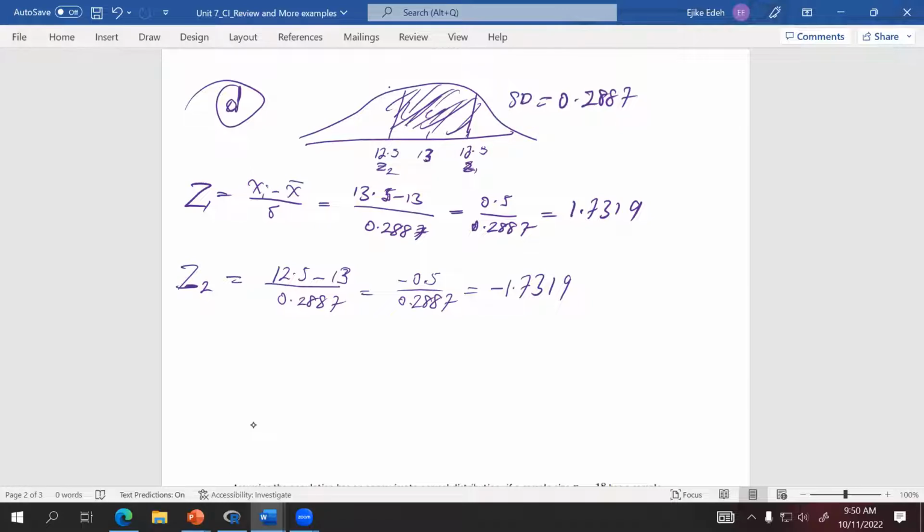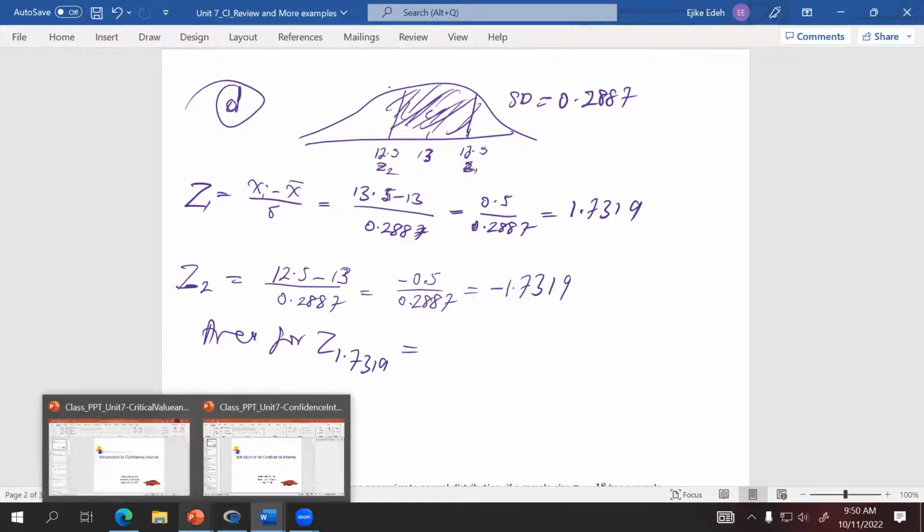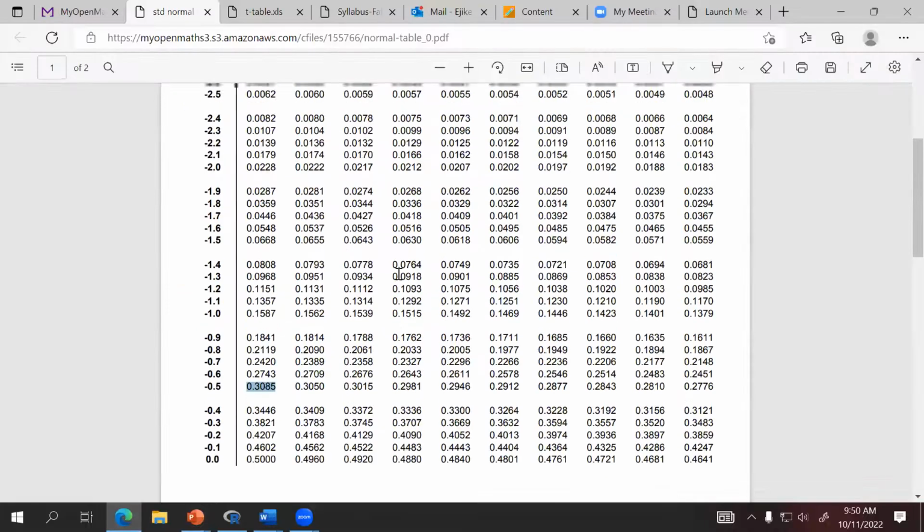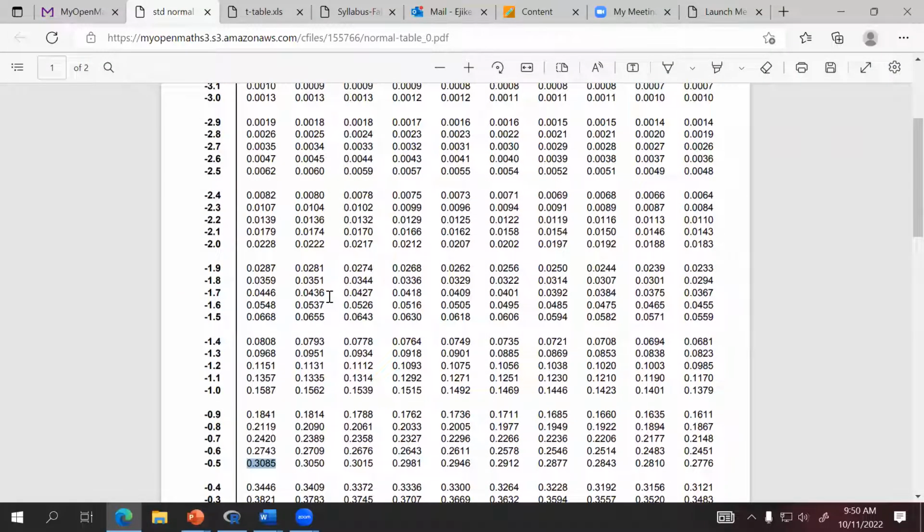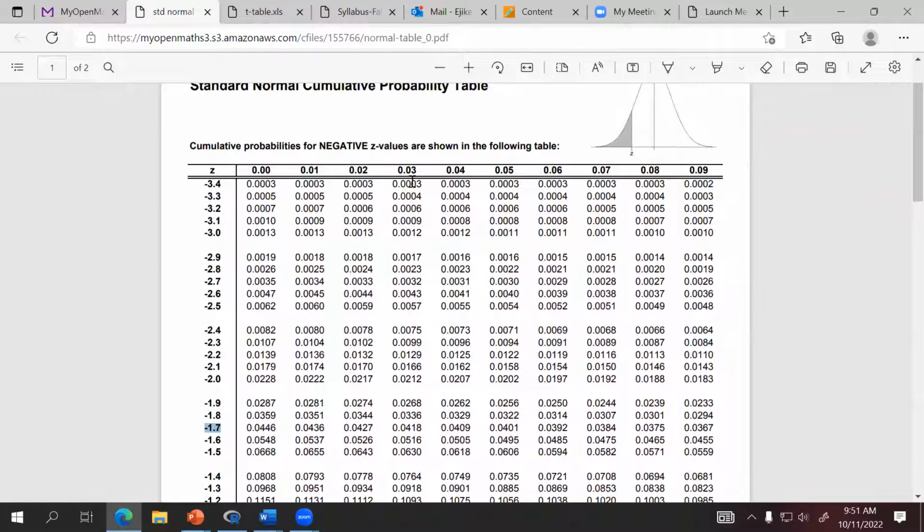The area for Z of 1.7319: we are looking for 1.73, the most we could go. So this is 1.7, and we go underneath 0.3 to find the intersection. We got the area of 0.0418.